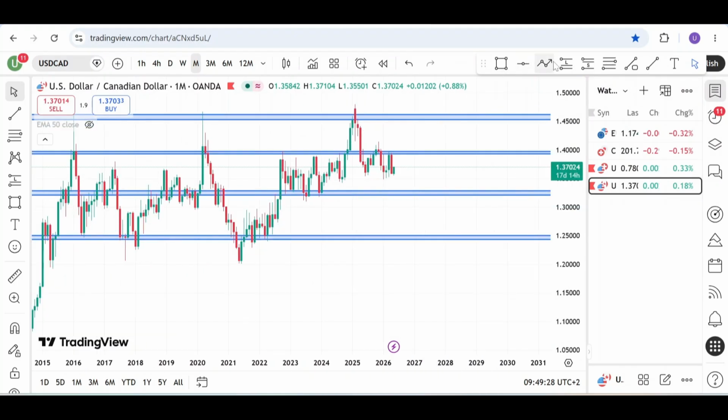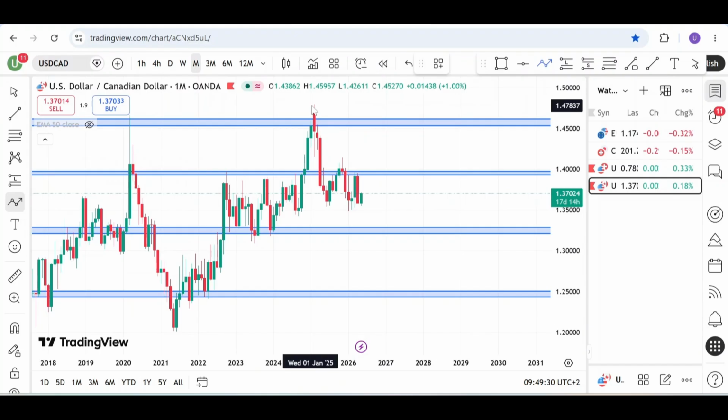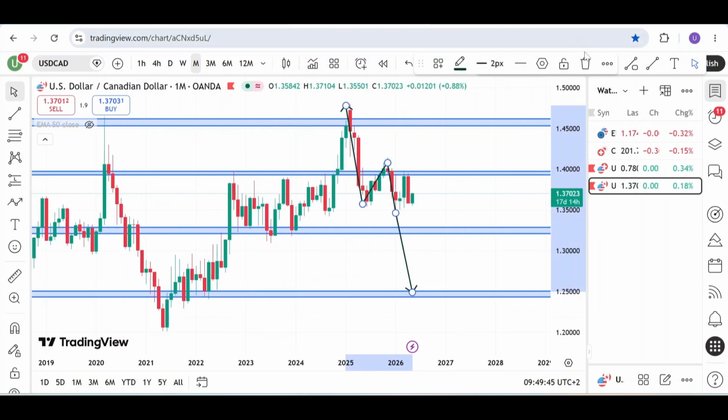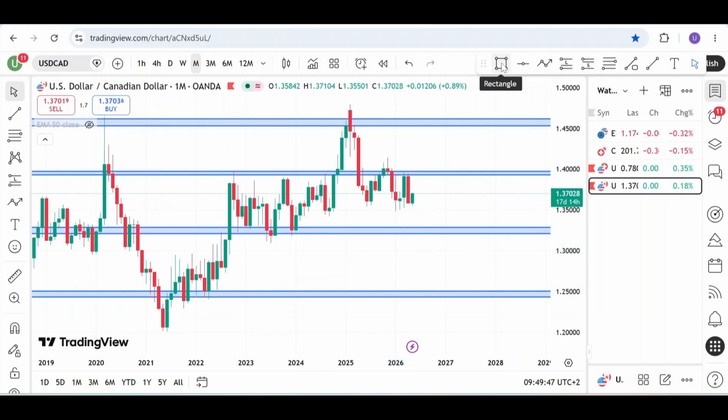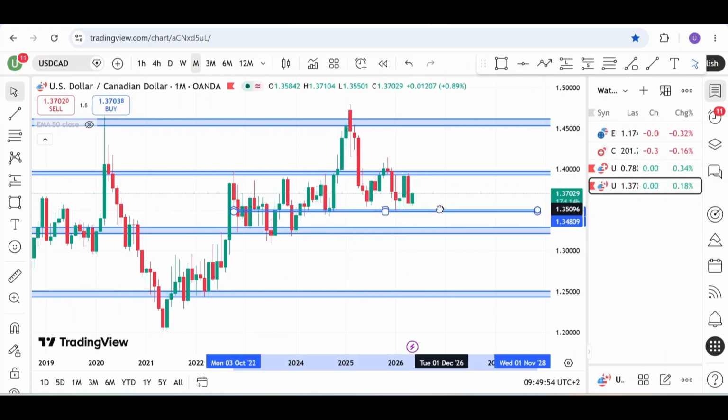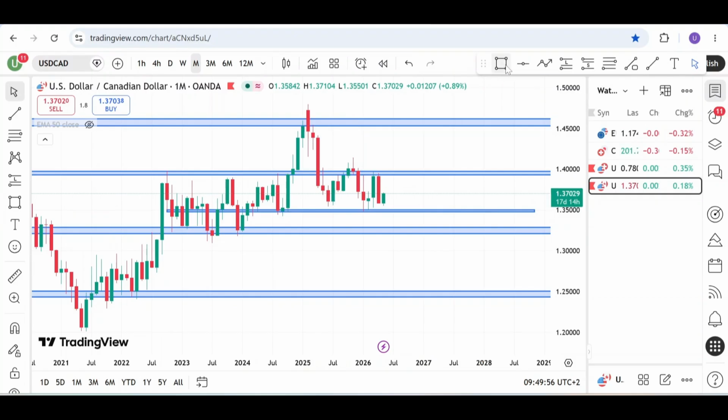As you can see, we have seen a break of structure to create a lower low here, then a test of the lower high here, and a lower low here. So the sellers could have brought the price down. But as you can see, we are seeing some kind of buyers' momentum. Whenever the price reaches this zone, the price returns back upward.